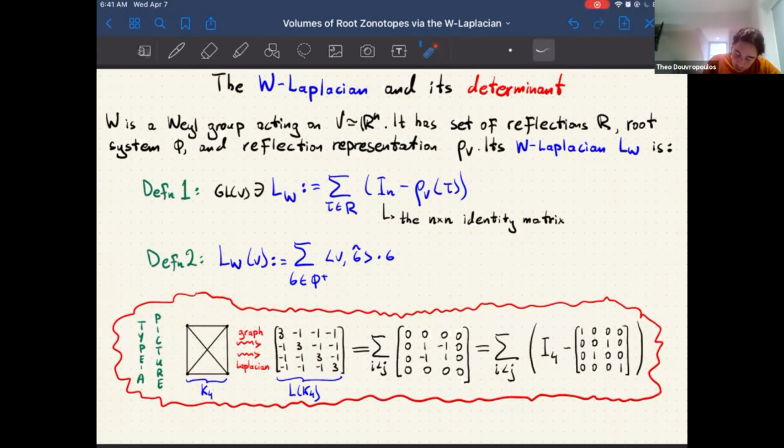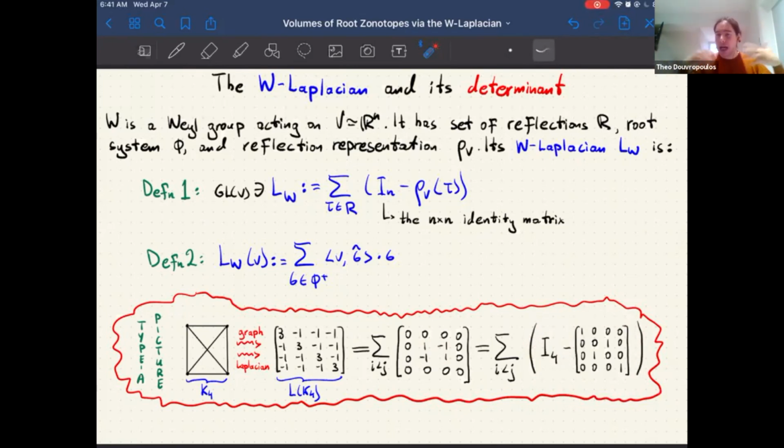But if you write it a little bit differently, you can see that this is the sum of essentially 2 by 2 transposition matrices where you have the ones in the diagonal and the minus ones in the anti-diagonal. And that's exactly what you get when you have an identity matrix and you subtract a transposition matrix. So this should be believable that yes, this is a natural generalization.